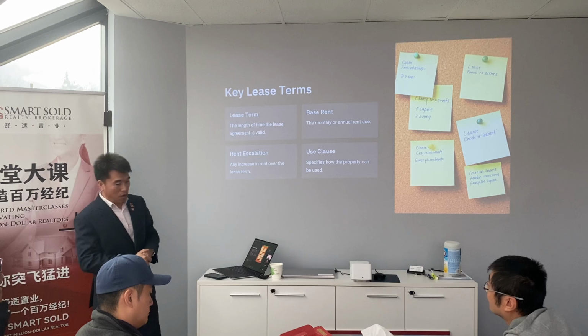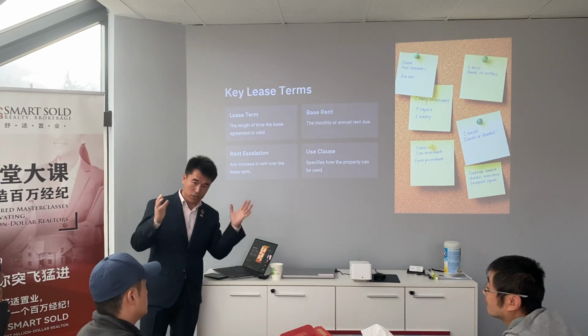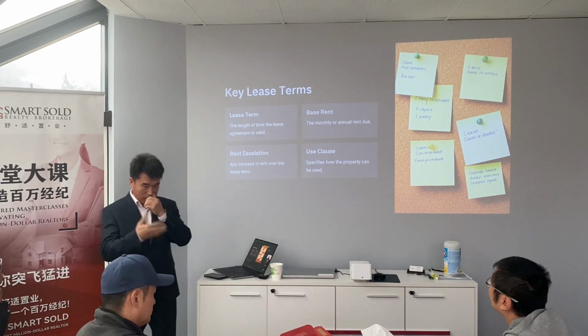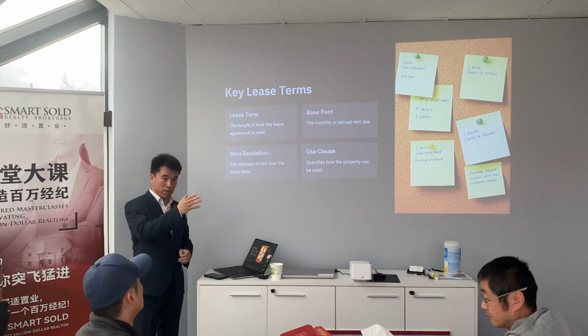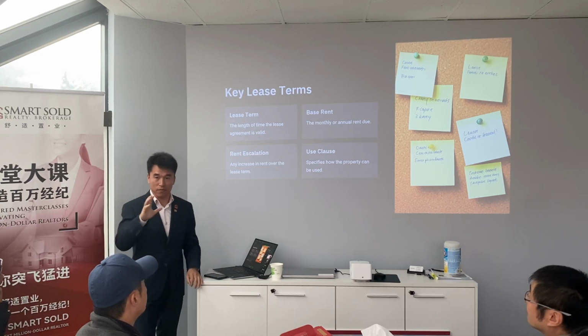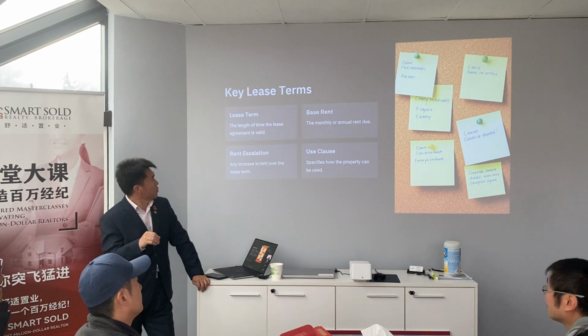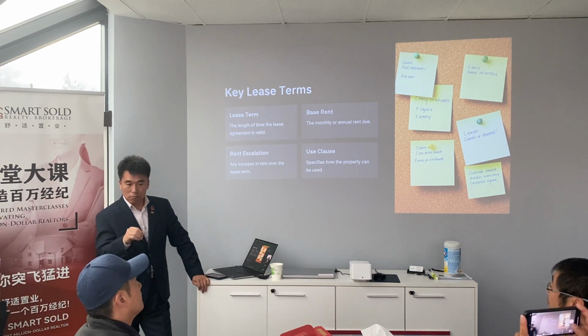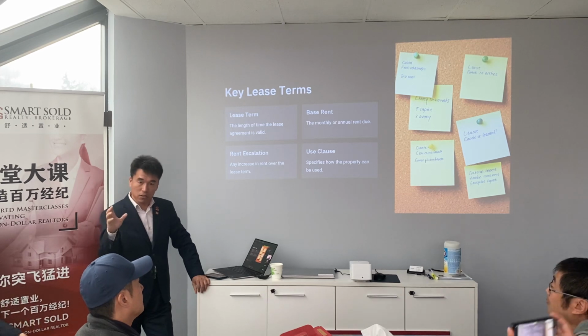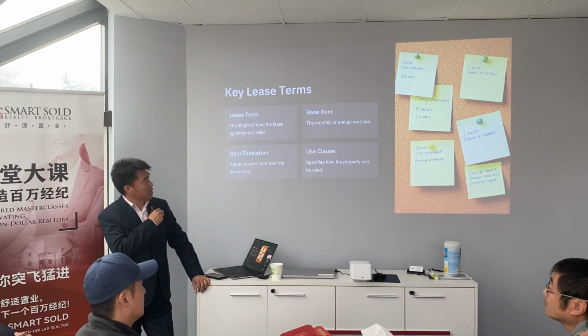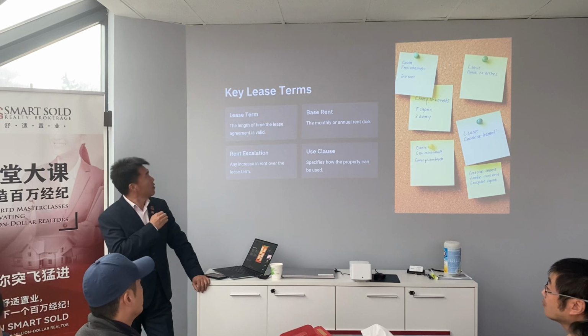Okay, so now we know what a commercial listing looks like. When you check it, you understand how big it is, what the basic factors are, and the key terms for your offer.